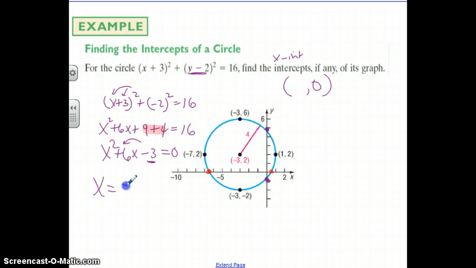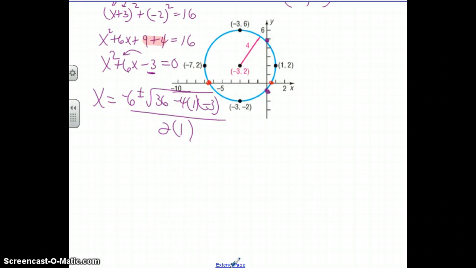to solve for x. So x is equal to -b plus or minus the square root of b squared minus 4 times a times c, all divided by 2 times a. Cleaning this up, -6 plus or minus the square root of, let's see, this is 36 plus 12, which is 48.